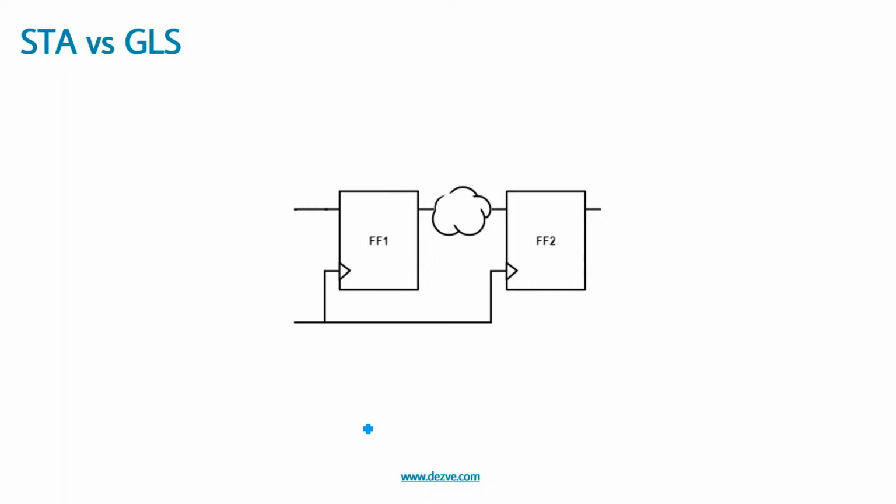Let us spend some time now to analyze the differences between STA and GLS. STA basically computes all the static paths and then tries to see that all the transitions are stable or have arrived before the setup and hold window, and that no active transitions occur within the setup and hold. But gate level simulation works in a different manner.